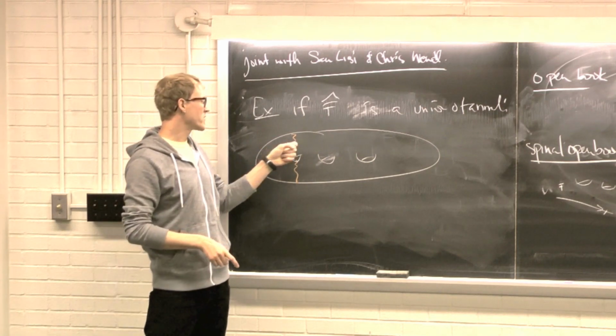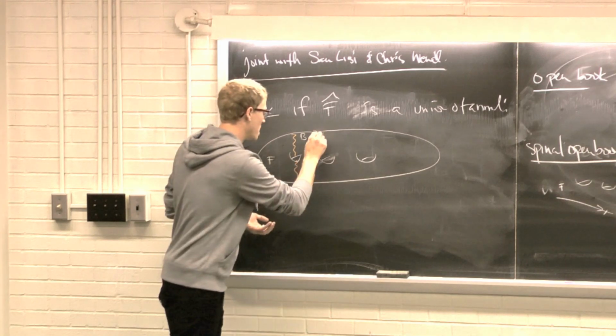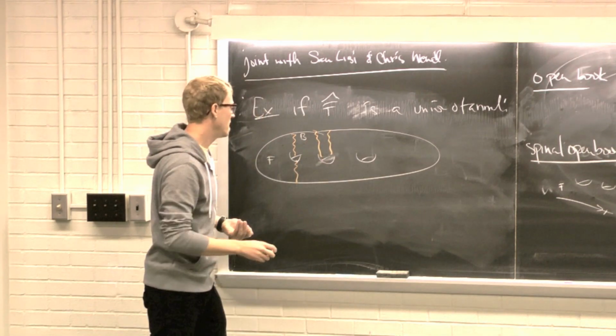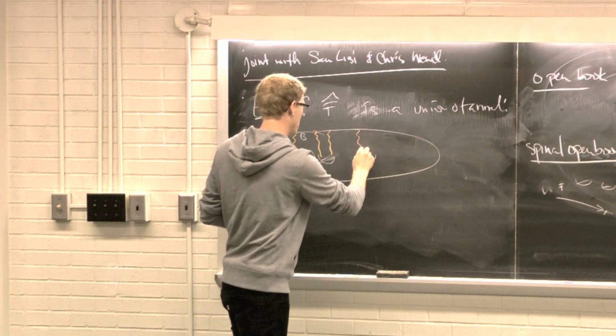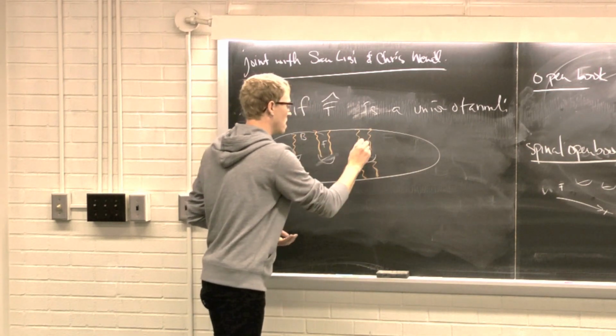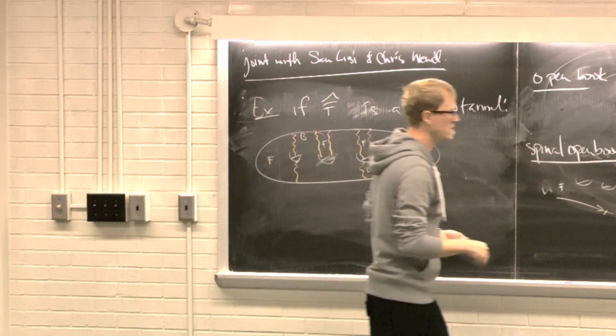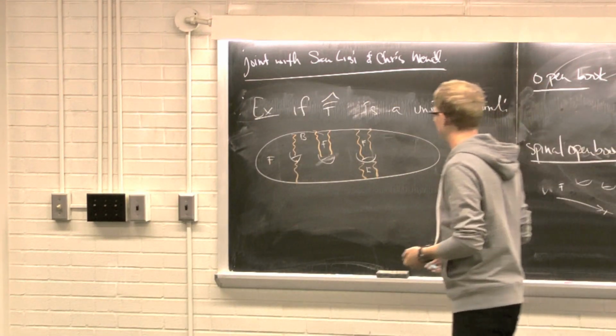So here's where I cross from being in F to being in B. And let's put another annular copy of F here, and two annular copies of F here. And again, we're going to want some monodromy, so let's put some Dehn twists in here.